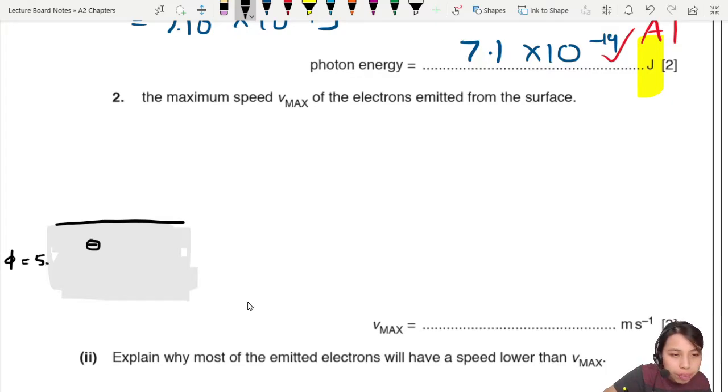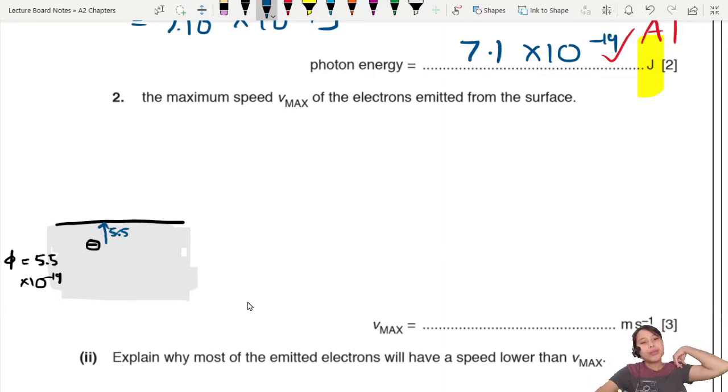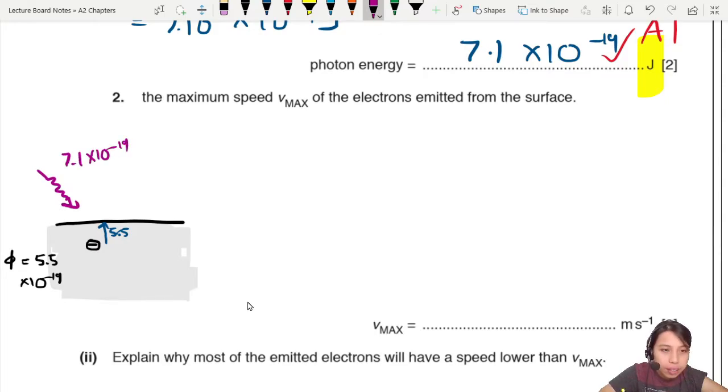5.5 times 10 negative 19. Okay, that means this fella only needs 5.5, then escapes now. I'm just not going to write the whole thing out all the time. So 5.5 you can get out already. So if your incoming photon has an energy of 7.1 times 10 negative 19, E photon, what is the extra energy that will come out?